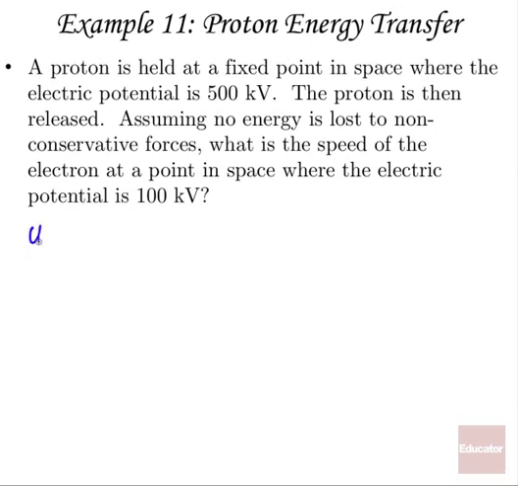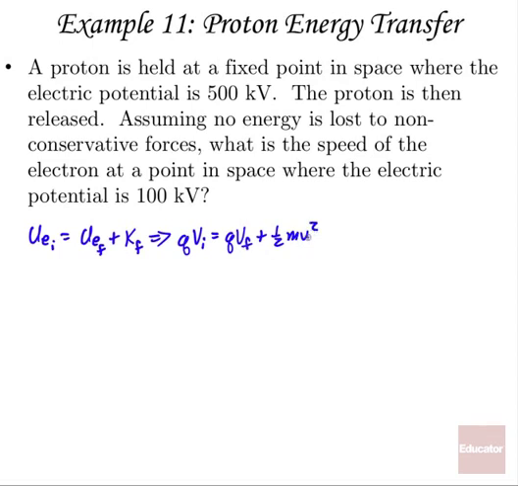It starts out initially with electric potential energy, and that must be equal to its final electric potential energy. And where did any excess energy go? That must be the final kinetic energy of our proton. Well, we know the initial is going to be Q times our initial voltage. That must be equal to Q times our final voltage, plus our kinetic energy, which is 1/2 mv squared.